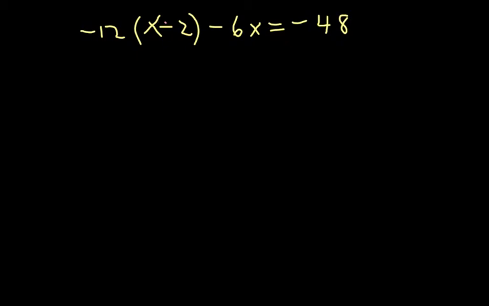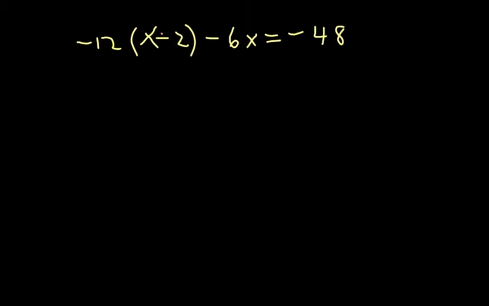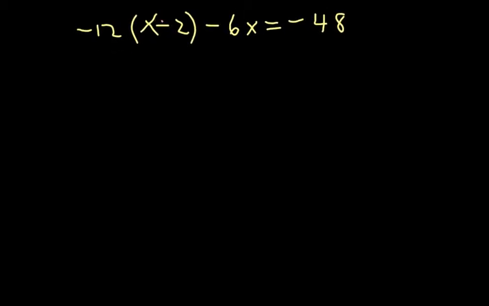So we'll make this plus negative 2 and make this plus negative 6x. And we use the distributive property to multiply negative 12 times x, and by negative 2. The result is negative 12x.